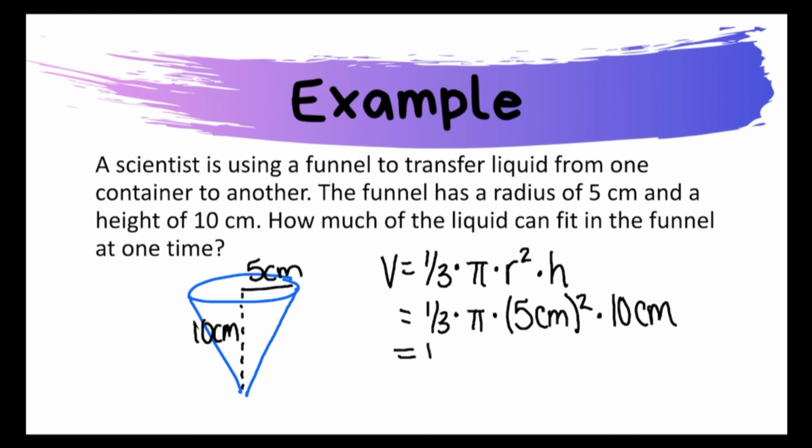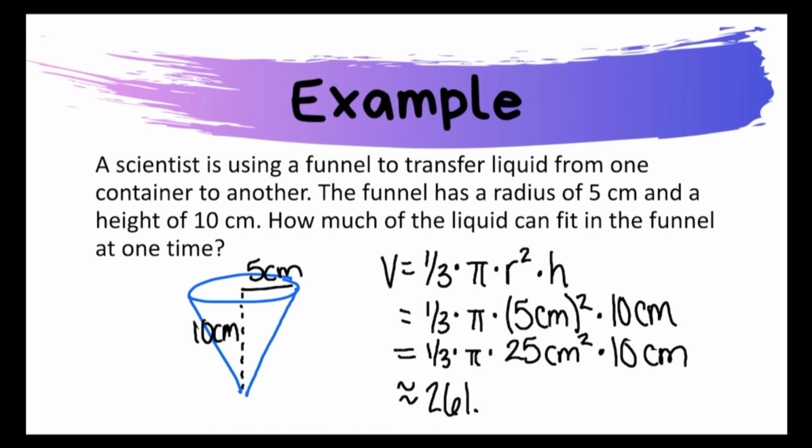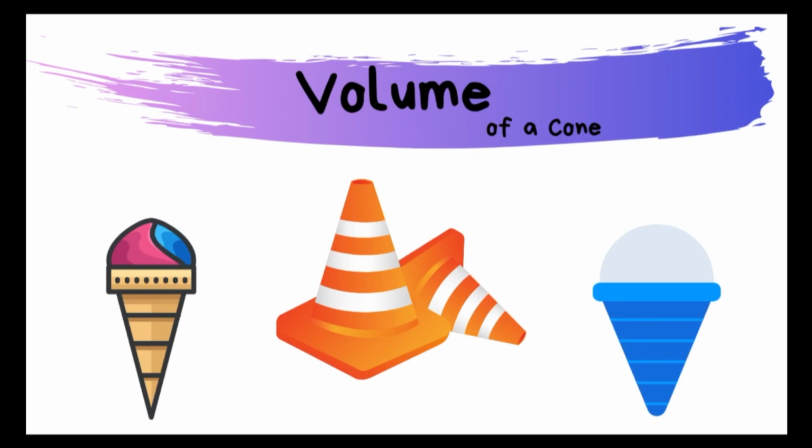And then evaluating this, the 1/3 and the pi just come on down, and then we have 25 centimeters squared times 10 centimeters. So if we plug this into a calculator, we get that this is about equal to 261.8 centimeters cubed.